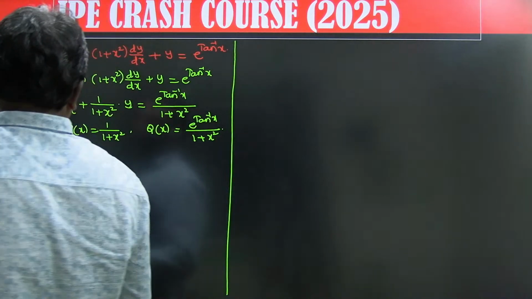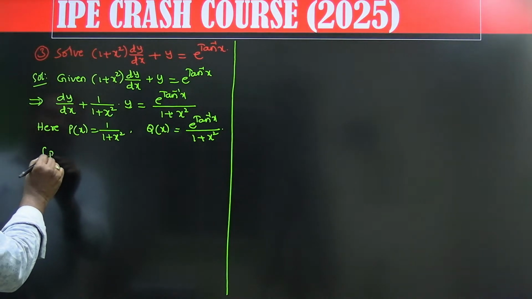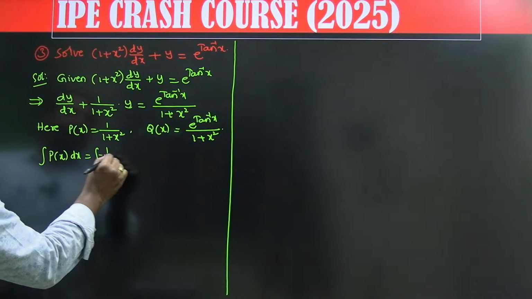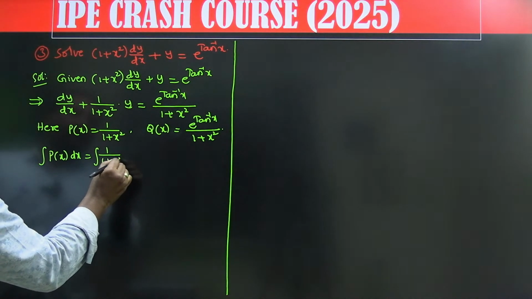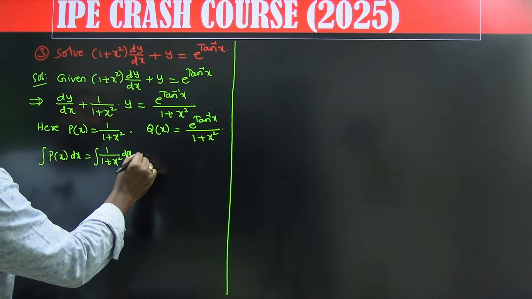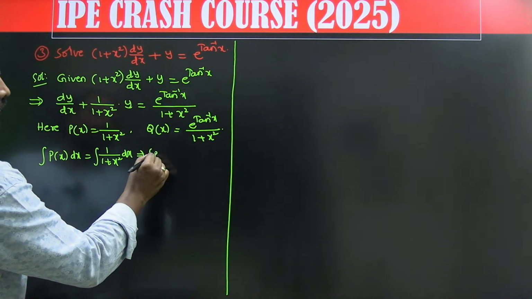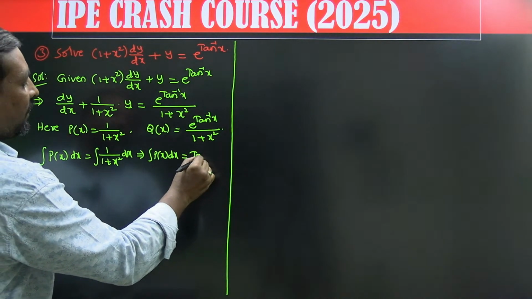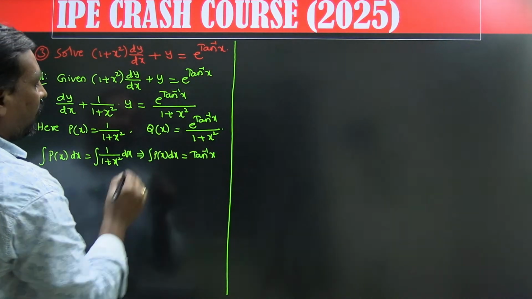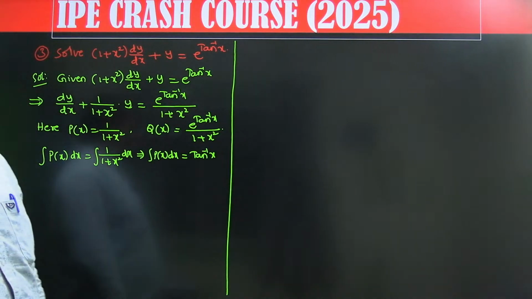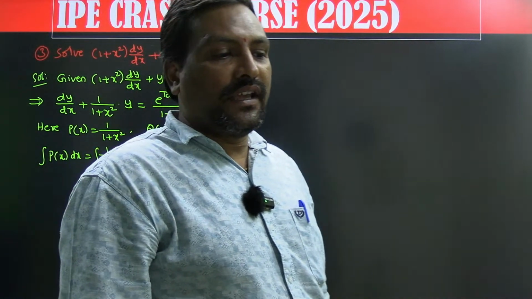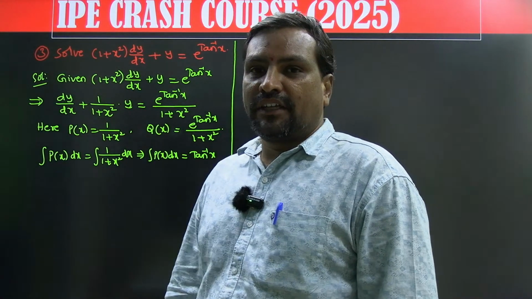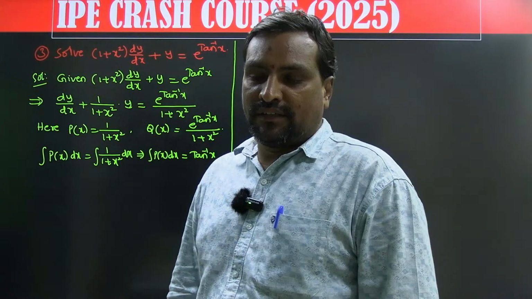First, integral of p of x dx is equals to integral of 1 by 1 plus x square dx. This implies integral of p of x dx is equals to tan inverse x. Direct formula: integration of 1 by 1 plus x square is tan inverse x.